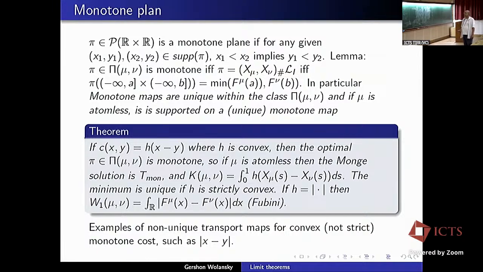So if the cost function is h of x minus y, with h convex, then the optimal pi is monotone. That's what the theorem says. So if mu is without atoms, then the Monge solution is also monotone.